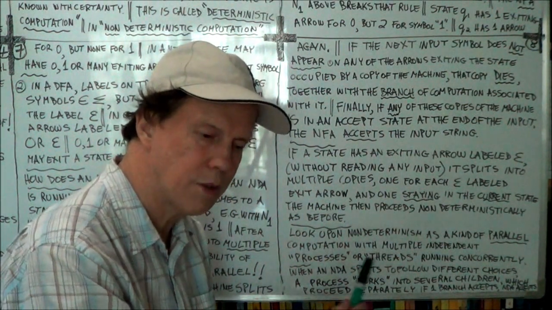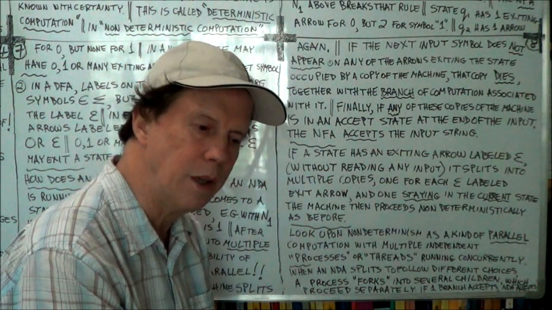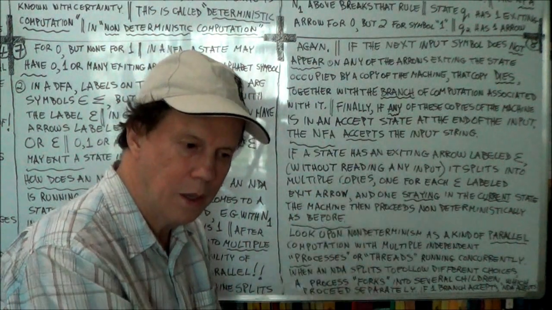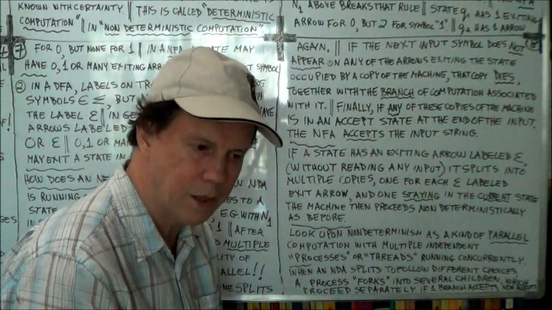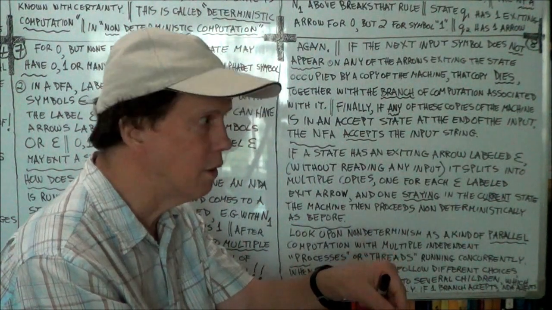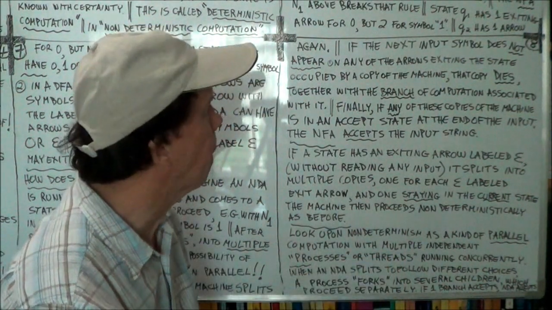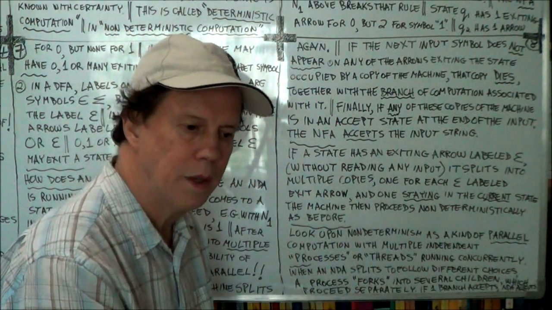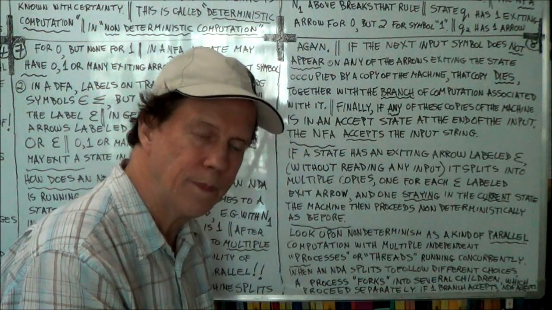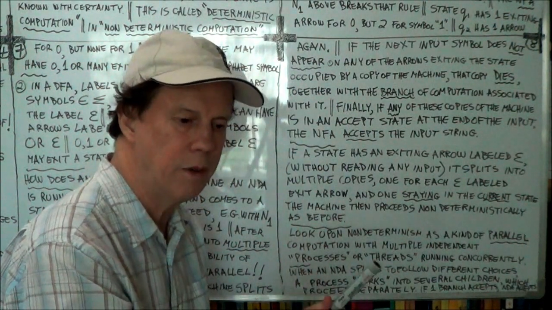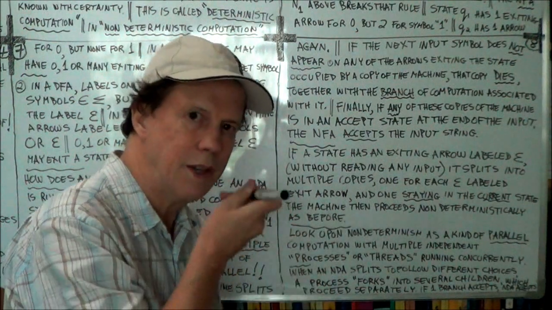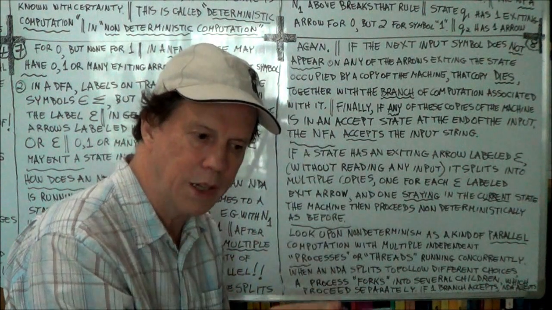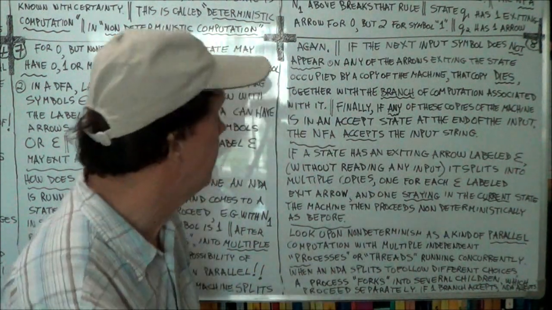There's no corresponding exit arrow. What do you do then? You die, and that branch is terminated. It's like somebody gets a root and snips off that root. So that branch of computation dies. If there's no corresponding exiting arrow with a symbol equal to the symbol being read, then that branch dies.